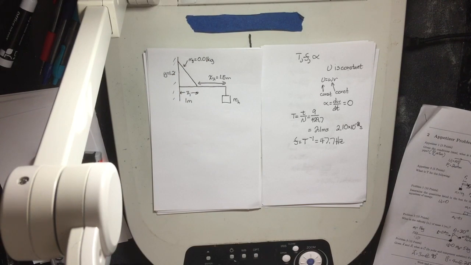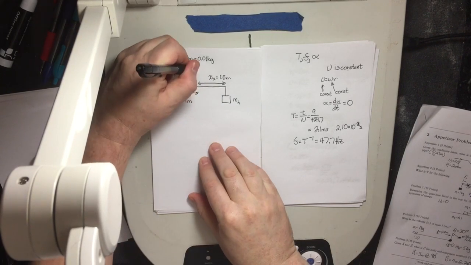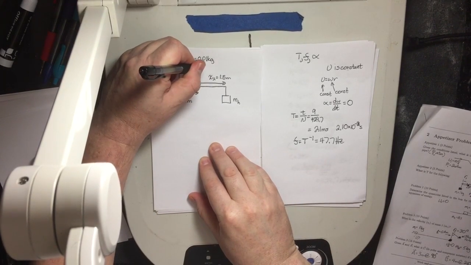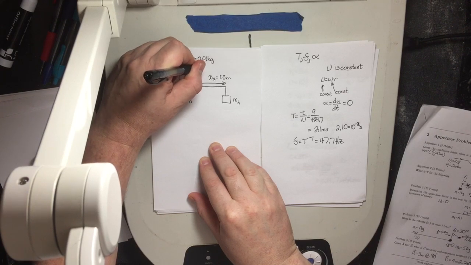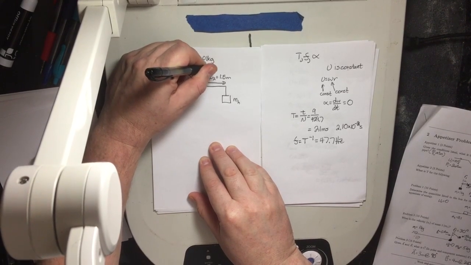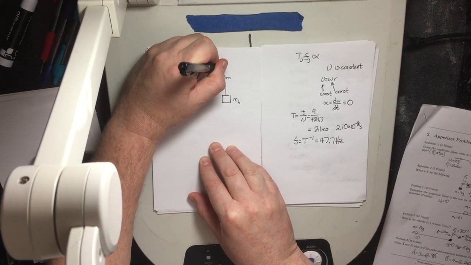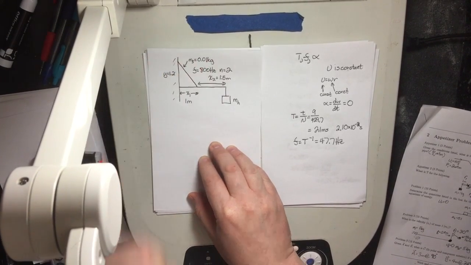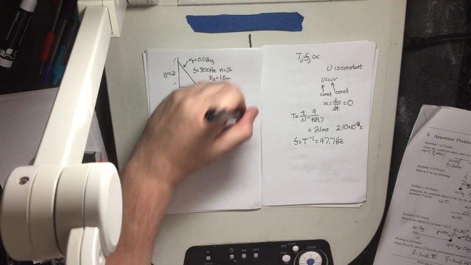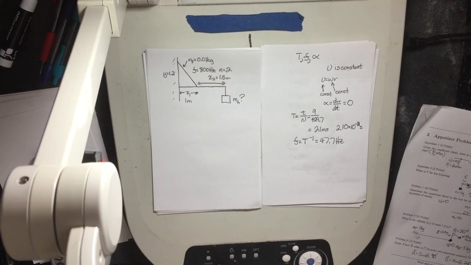This is such a good problem. You flick the string and it resonates at 800 hertz, and it's its second harmonic. What's the hanging mass at the end of the bar?